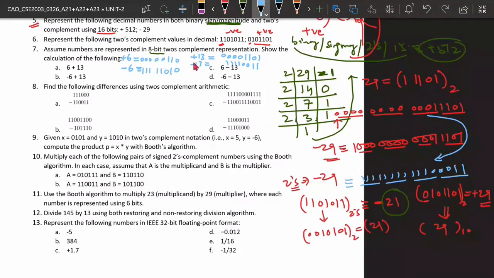Similarly, for minus 6 plus 13, we will be adding these two. Similarly, 6 minus 13, and minus 6 and minus 13, we will be adding them. After addition, we also need to check for overflow.